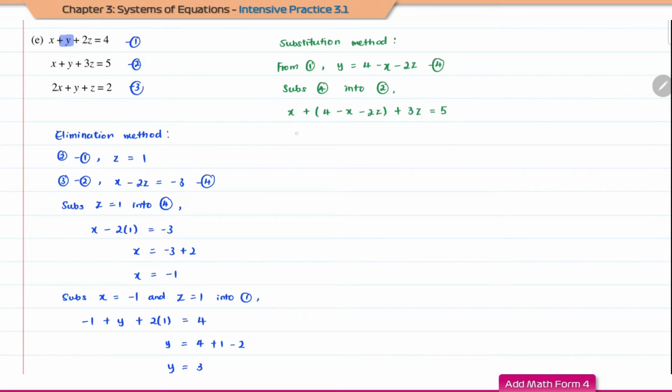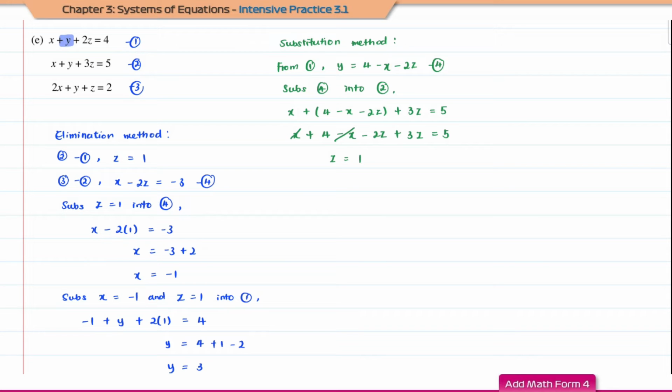So here I'm going to get the number out of the bracket. So next, solve for the like terms, x minus x will be equal to 0. This negative 2z plus 3z is a positive z. Then move this positive 4 to the other side. 5 minus 4 is 1. So straight away we already find the z is equal to 1.